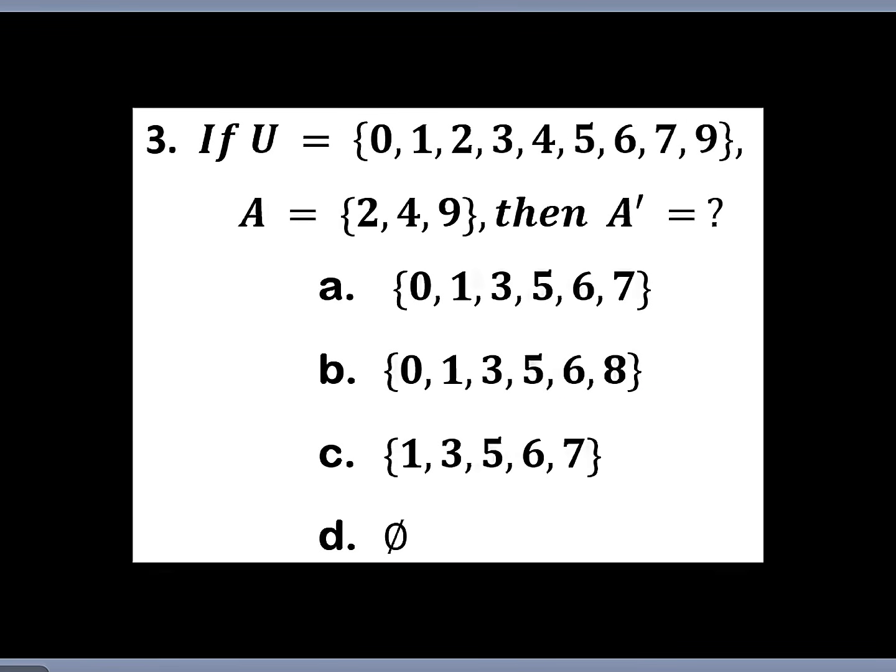Number 3, if universal set, the set of 0, 1, 2, 3, 4, 5, 6, 7, 9, and our set A, the set of 2, 4, 9, then A complement, we will focus our answer in universal set after removing the common elements to both set.